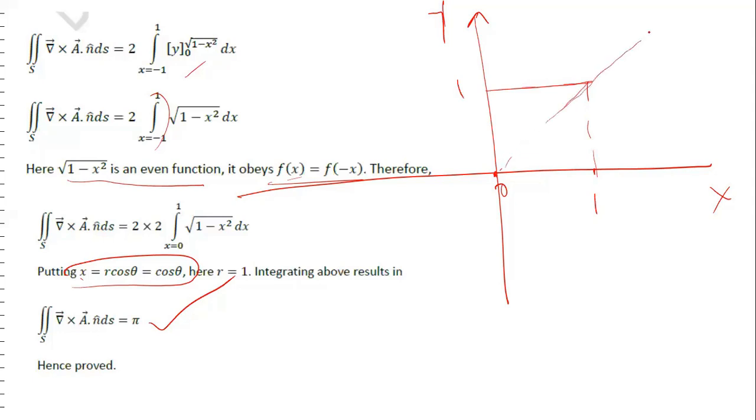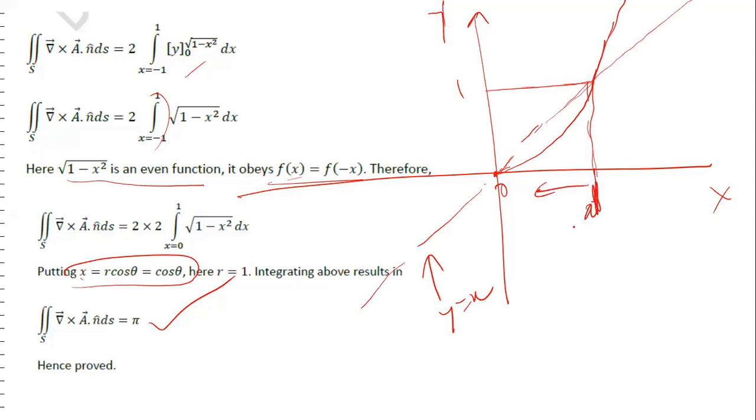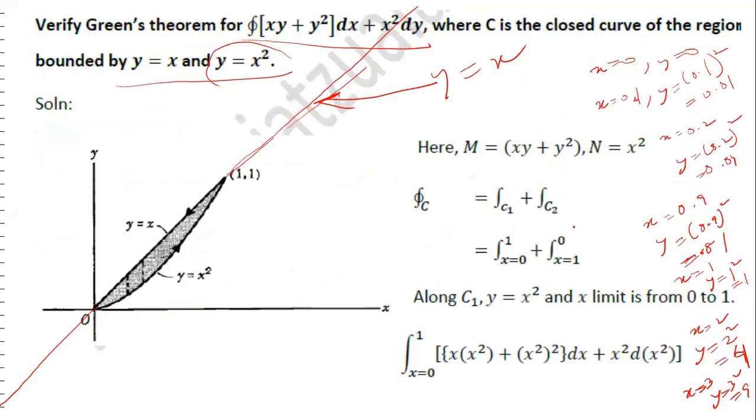So this was your y equal to x line. Now the y equal to x square curve will follow something like this. When x value is less than 1, if you see that x equal to 0.1, y is 0.01, 0.2, 0.04, 0.9, 0.81.